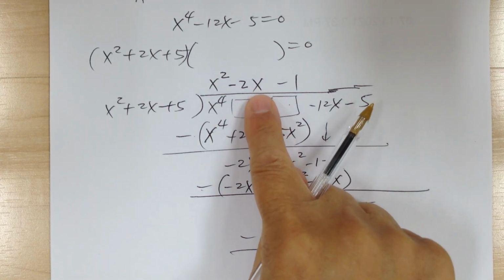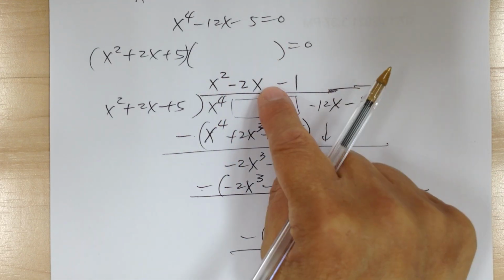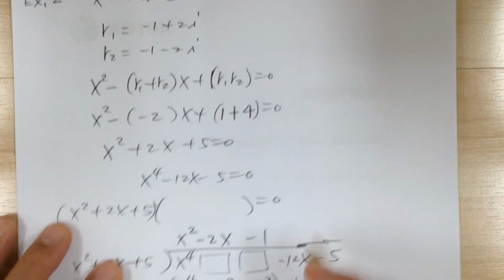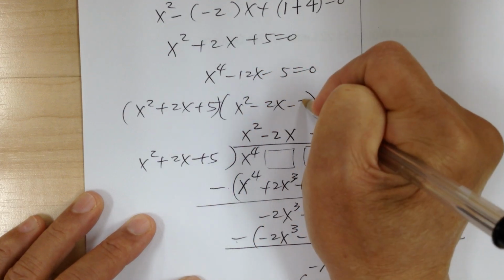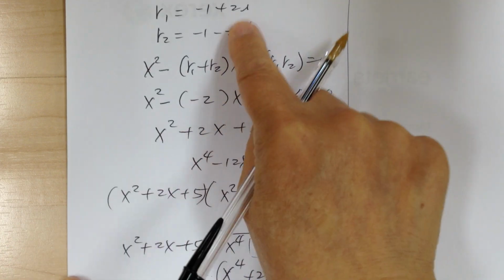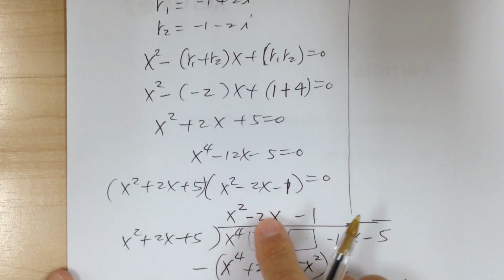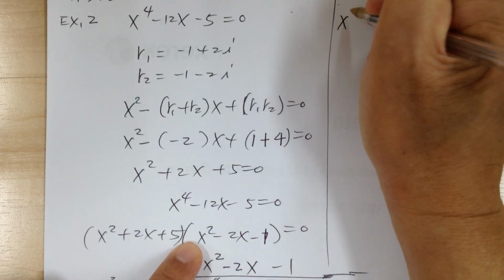Once we divide, then we know what goes in here, and we need to get answers from here. There are two answers, so this goes in here, and this gives me these two answers. Now I have to solve these. This is not factorable, so you have to use the quadratic formula.